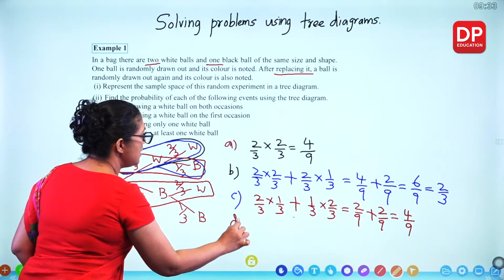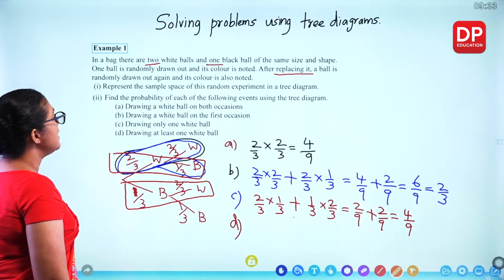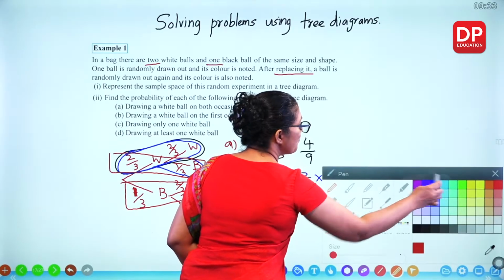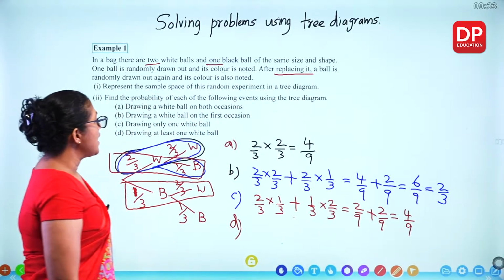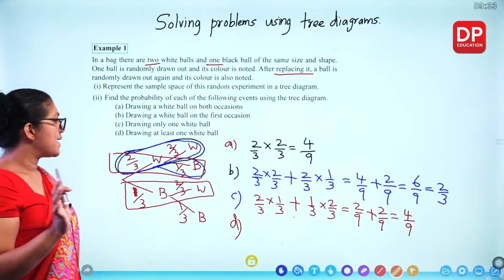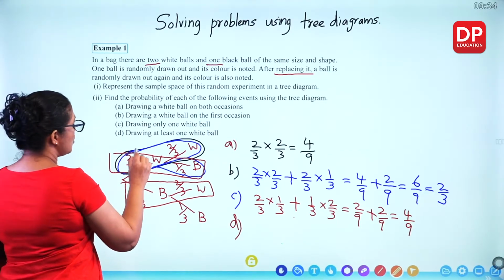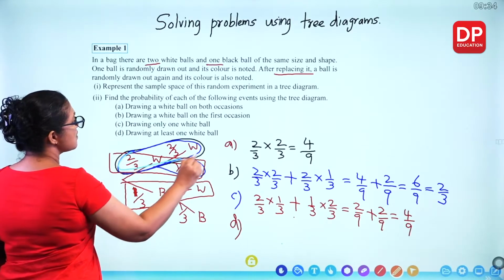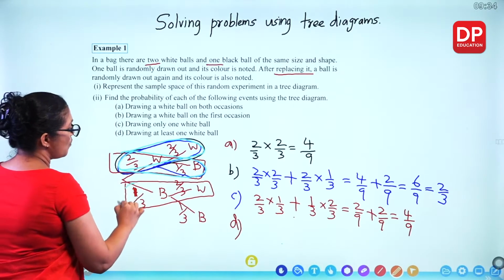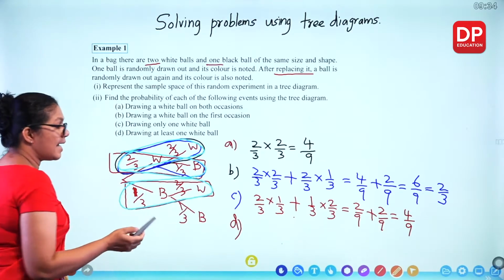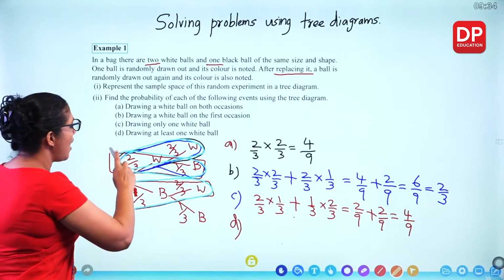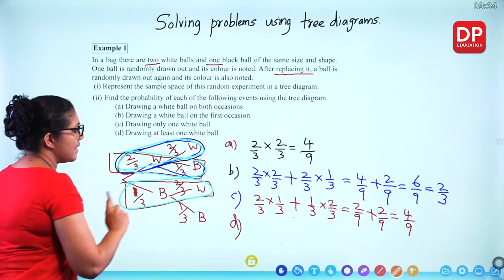Then part D, drawing at least one white ball. At least one white ball means either one white or both whites. So white with white, you can get this branch, white with black, black with white, but you can't get black with black. So here you have to add all these together.